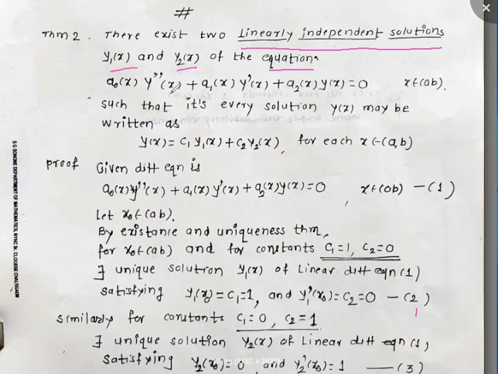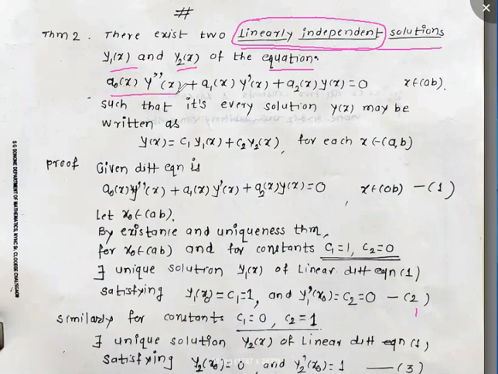This is the associated homogeneous second order linear differential equation. So if y1(x), y2(x) are two linearly independent solutions, what is the speciality? These two are linearly independent solutions of this differential equation.